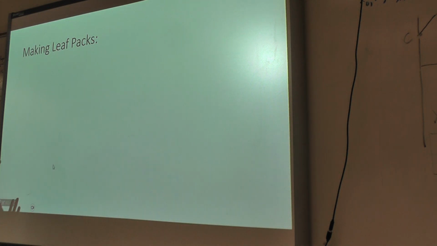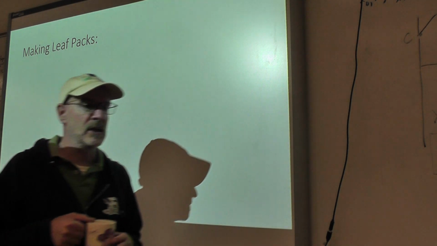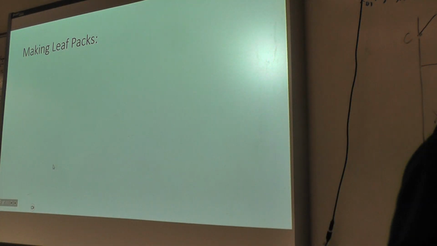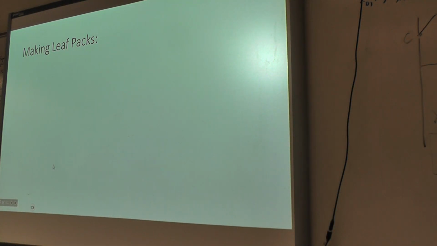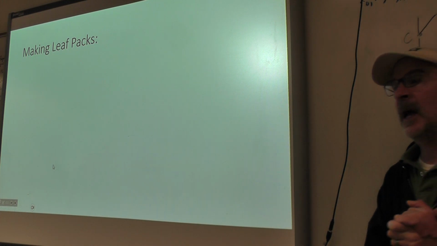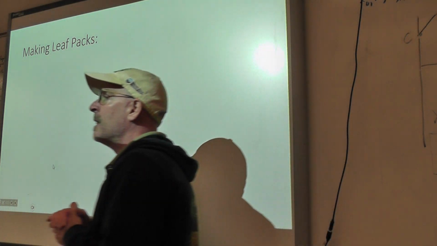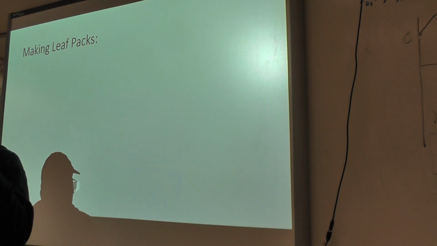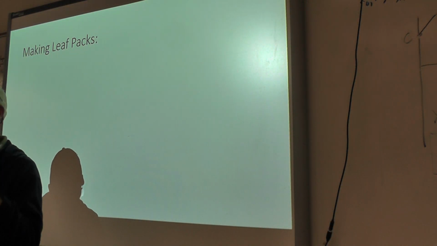Okay, and so the next stage here is going to be that we're going to make these leaf packs that I told you about, and then we're going to get them put out into the creek. And so the leaf packs, this is where, so we're talking about how to design a study.